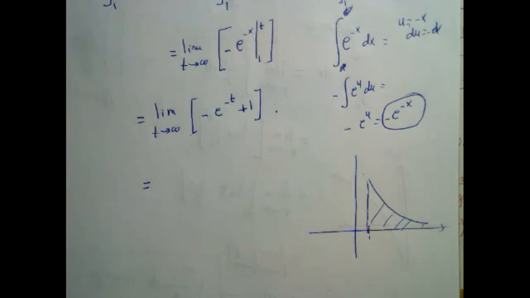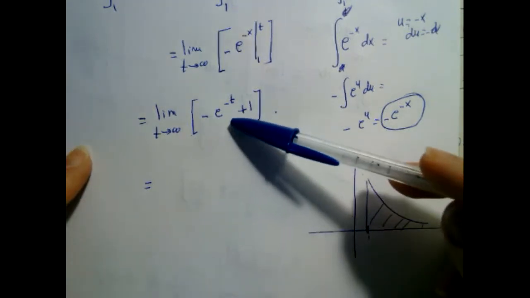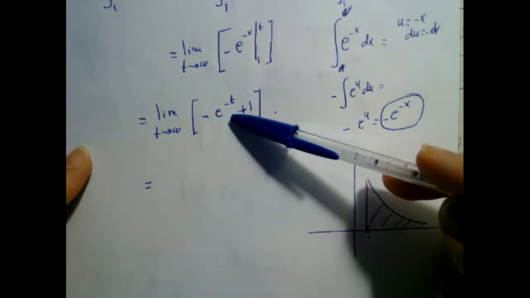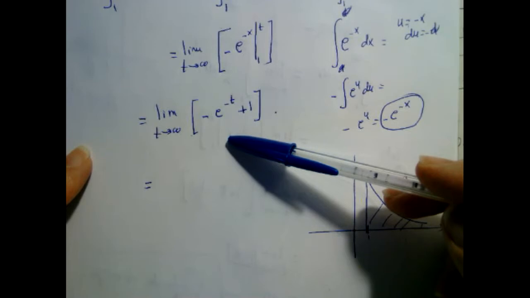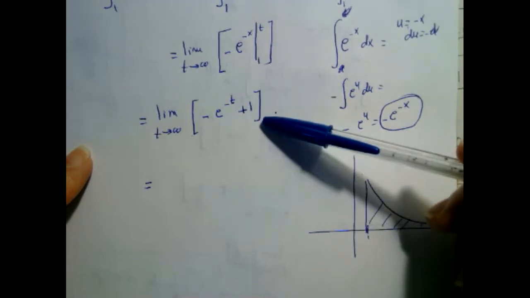Is it 0? Why 0? Let's justify every word. Well, I know that the limit as x approaches infinity of e to the negative x is 0. Very good. So what happened to the plus 1?